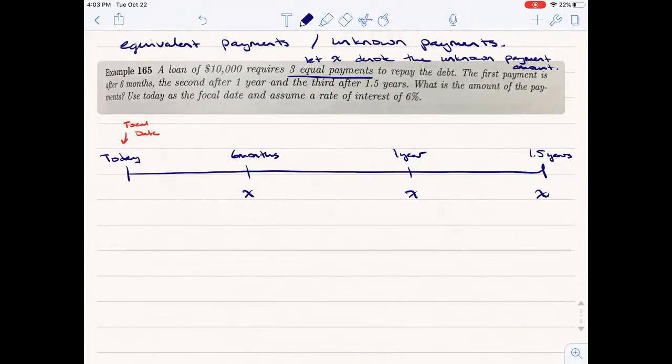So you would have had to pull them back here anyways. The question telling you to use today as a focal date is just a hint to pull all those payments back to today.